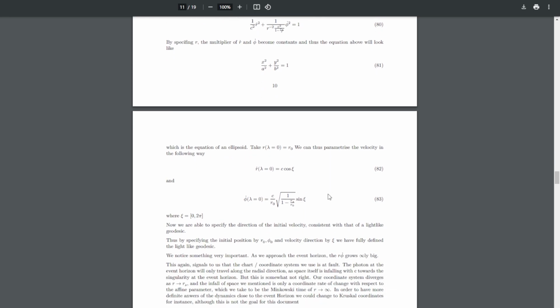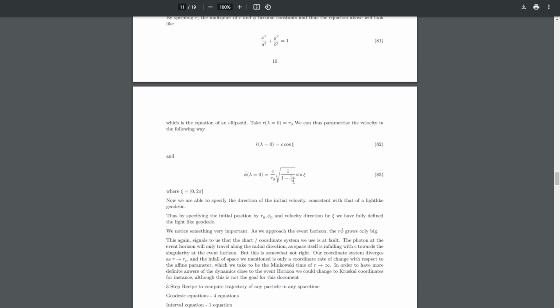And now thus, if we pick a direction, we parameterize that direction by an angle psi, which can take any value from 0 to 2 pi. And this is basically our initial velocity now. R dot equals C cos psi, and phi dot equals the following.